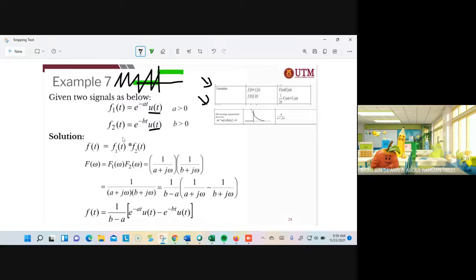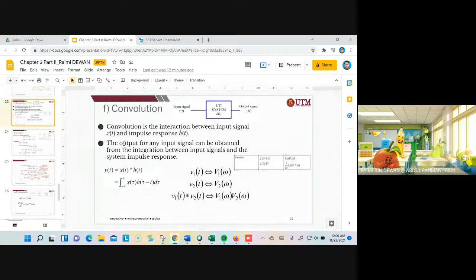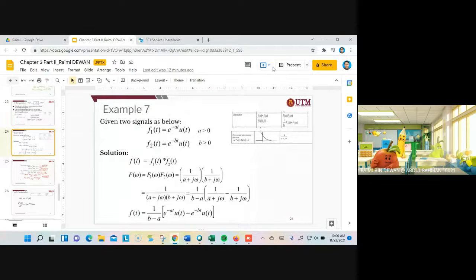The same goes for your F2. If you want to obtain the output, it is actually the input convolved with the impulse response, whatever name they give.